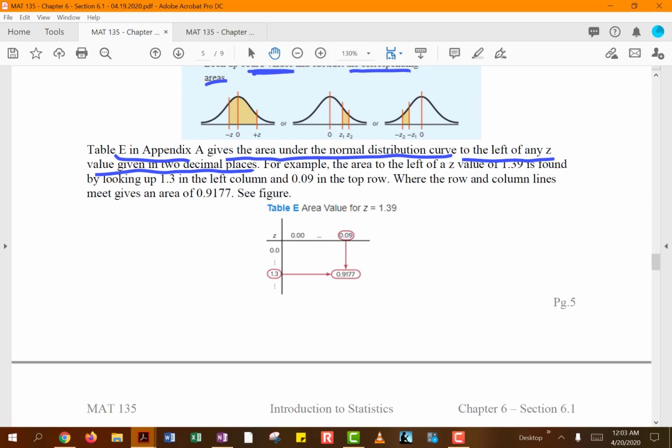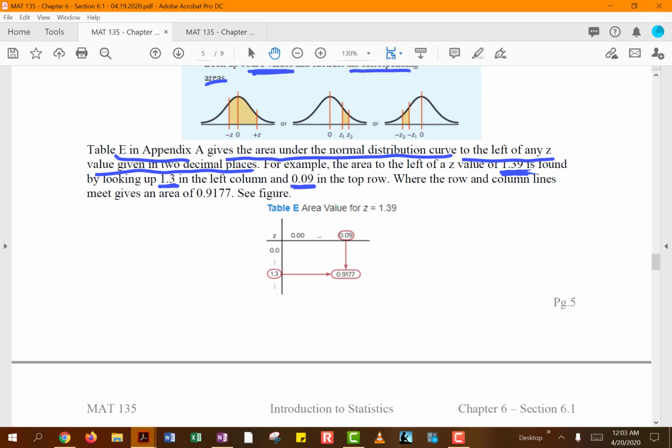Okay, so they're saying, for example, if you wanted to find the area to the left of the z-value of 1.39, you're going to go to the left column and find the number 1.3, and then go to the top row and find 0.09, so that you can find out what the corresponding area for the z-score of 1.39 is going to be.